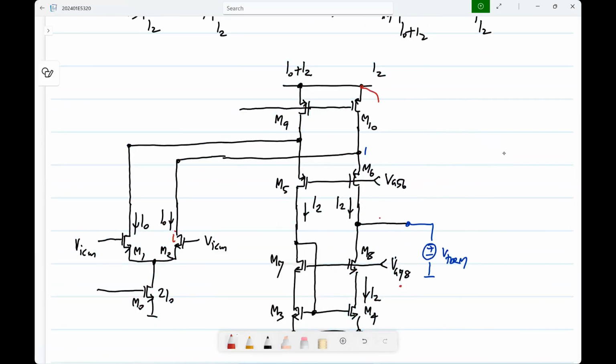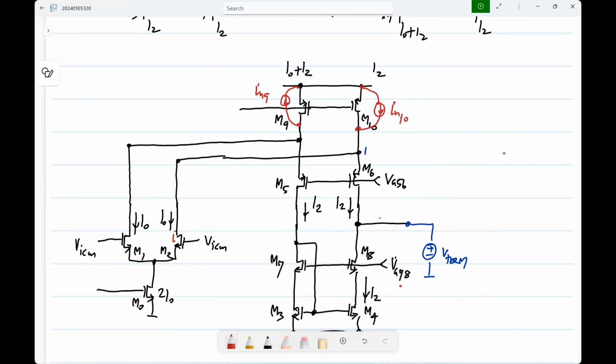So now you have these current sources IN9 and IN10. What happens? Where does IN10 go? What happens to IN10?